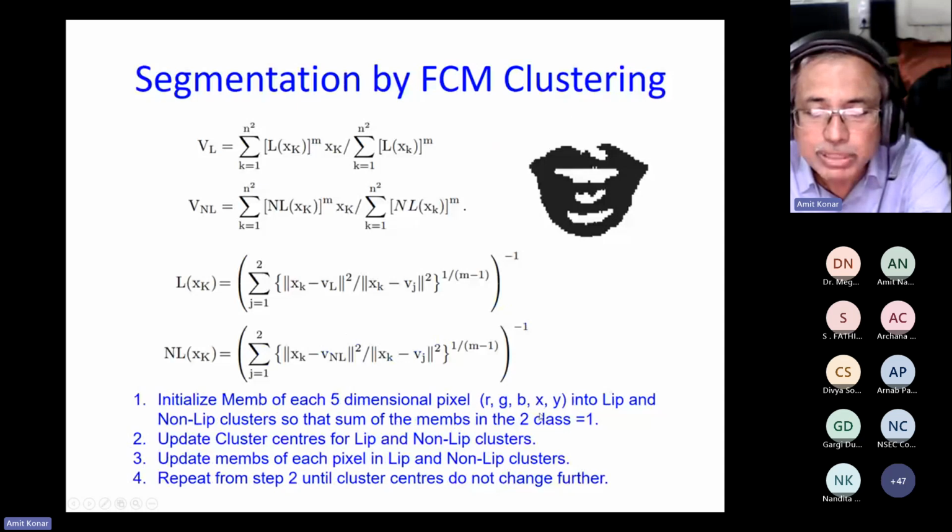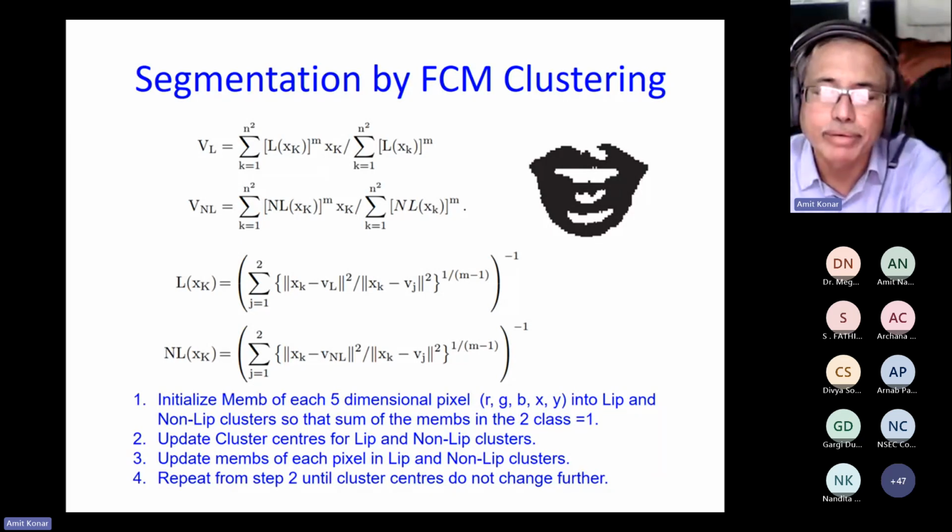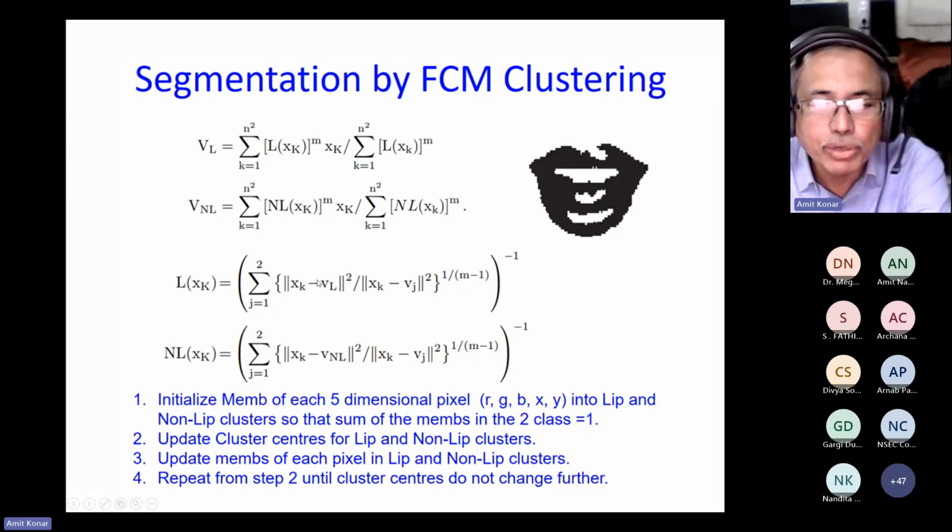In that way, all pixels of the 200 cross 200 image are initialized with membership values such that the sum of the memberships of each pixel in the 2 clusters, lip cluster and non-lip cluster, is equal to 1. Then we evaluate the cluster centers using this formula, and also evaluate the membership functions of each pixel, again using the cluster centers VL and VNL. So we evaluate the memberships of each pixel in the 2 clusters, L and NL.